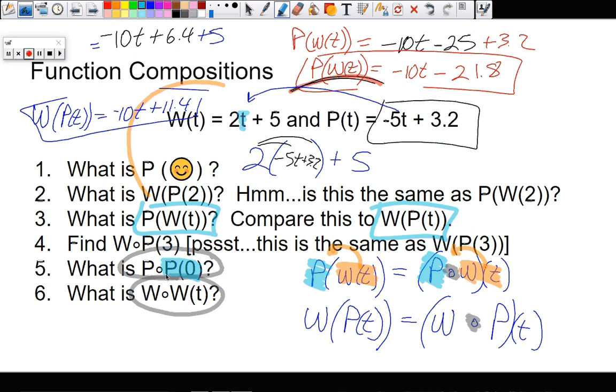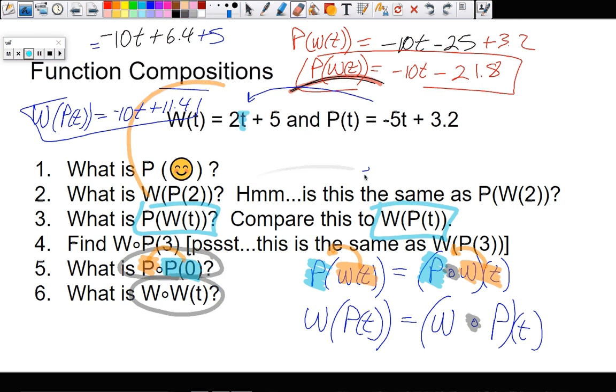So let's go to P, and we're going to throw in a 0 right here. Can y'all tell me, what will I get as an answer? 3.2. So 3.2, I'm going to take that and I'm going to plug it back into P.